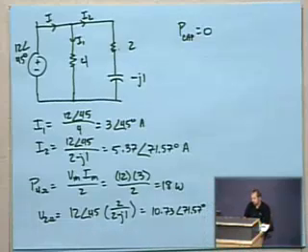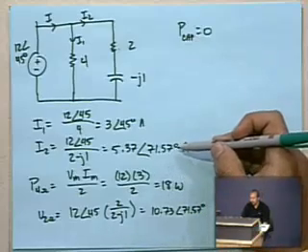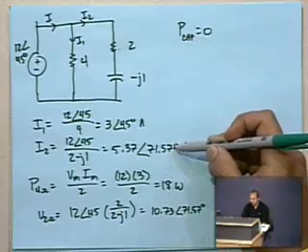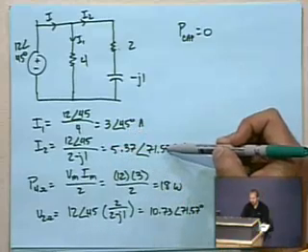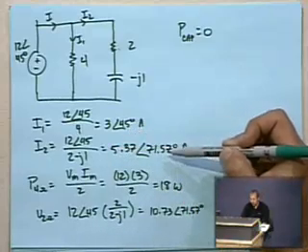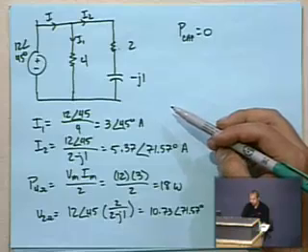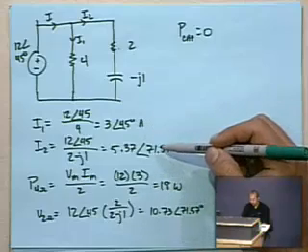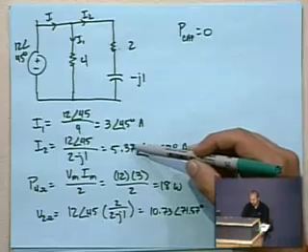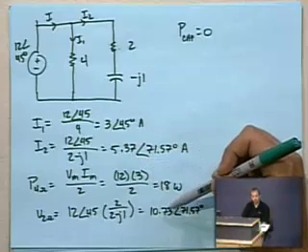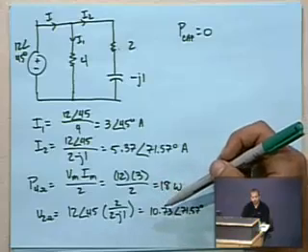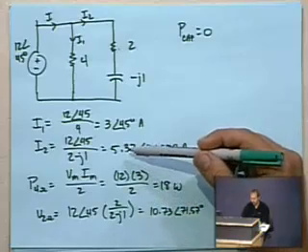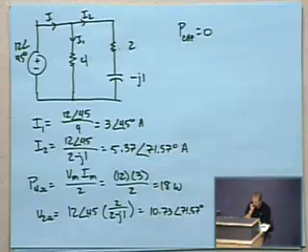I guess one reassuring thing is that we calculated the current in that 2 ohm resistor as being 5.37 at an angle of 71.57, and that should work out pretty nicely. The rounding is going to make this last digit a little weird, but otherwise, you multiply the voltage times the current, and you should get what that is.